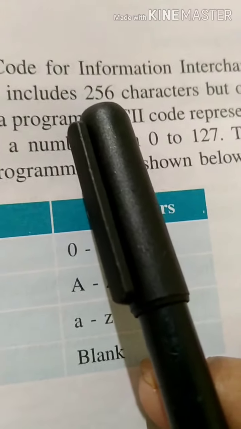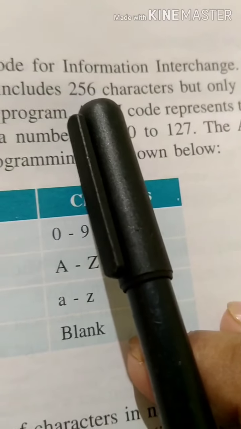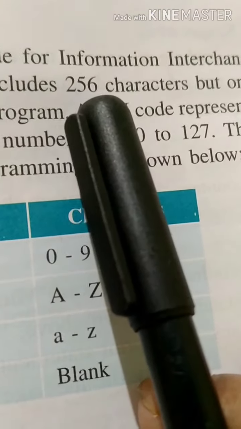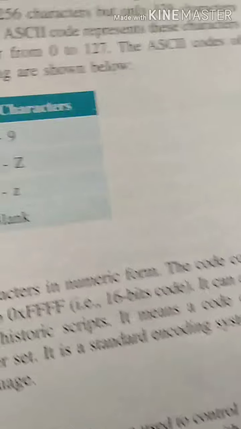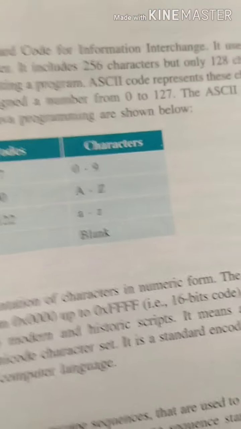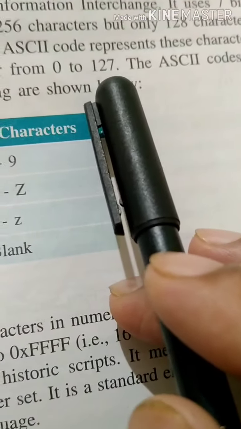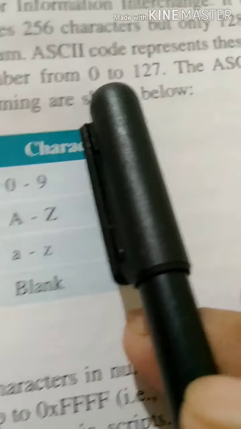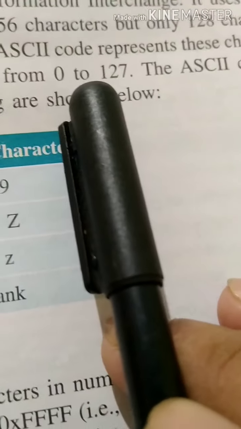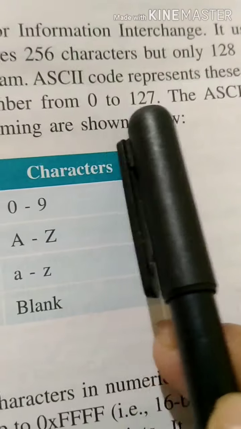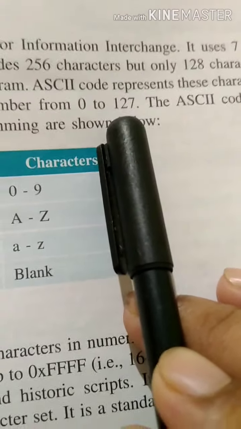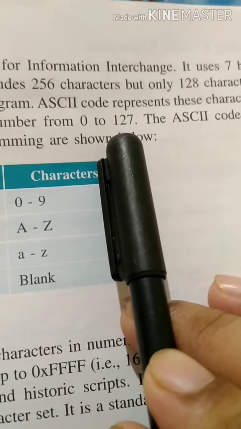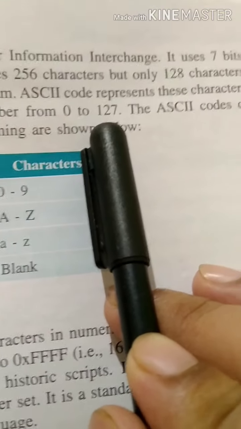Total 256, but in general we use only 128 characters to write a program. It starts from 0 and ends at 127. These 128 characters we use in ASCII code to translate our programs into American Standard Code.